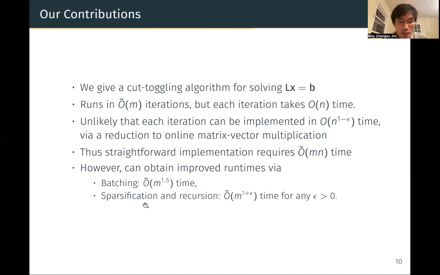And with some more ideas, like sparsification and recursion, we can get it down to O tilde of m to the 1 plus epsilon time for any epsilon bigger than 0. But for the remainder of this talk, I'll mostly focus on describing the dual COS algorithm and maybe sketching how the batching works.